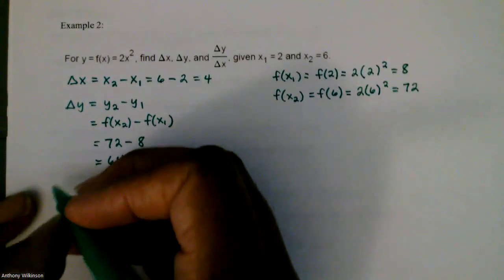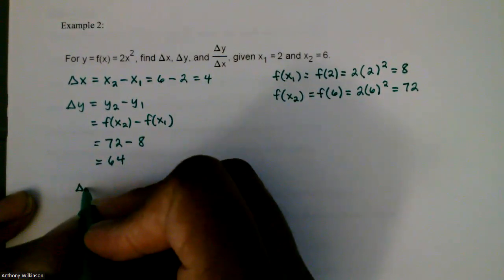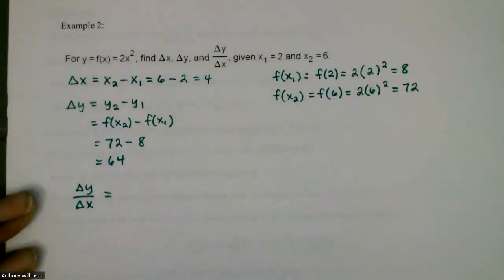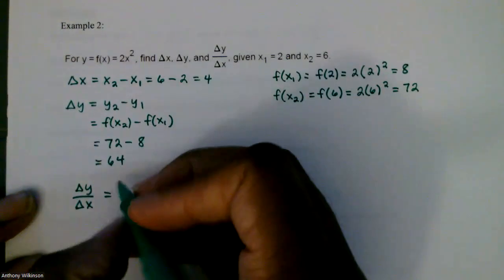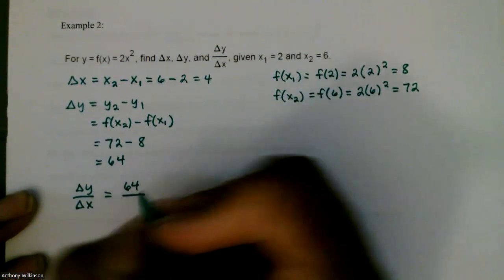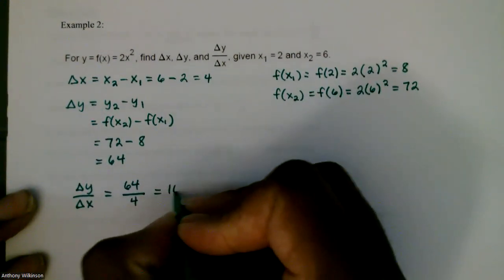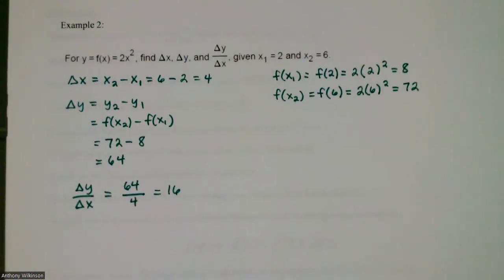And from that, I can find out what delta y divided by delta x is. That's the change in y divided by the change in x. Well, the change in y was 64 divided by the change in x, that was 4. So 64 divided by 4 will end up being 16. So delta x is 4, delta y is 64, delta y divided by delta x will be 16.